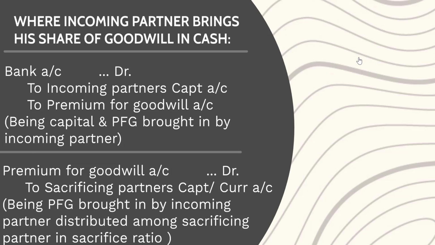The second entry, premium for goodwill account debit to sacrificing partners' capital or current account, to distribute the premium for goodwill among the sacrificing partners in their sacrificing ratio.